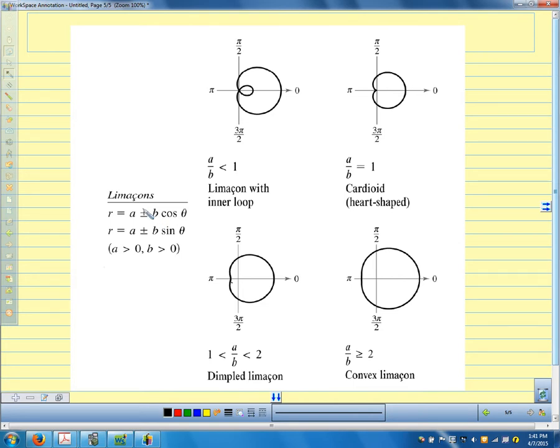They do come up in various kinds of applications. It's just hard to pick out a specific one here and a specific one there, but it does happen.